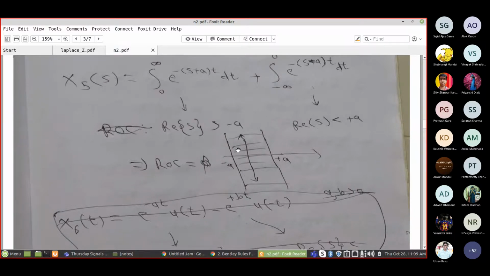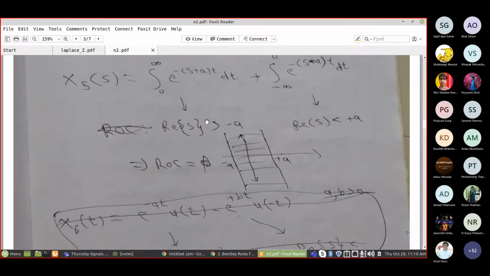So that region is given by this shaded area. Everything between minus a to plus a, these two vertical lines, is where this entire integral will converge. In this part to the right of plus a, this integral will converge, but this will not, and similarly in this half, this integral will converge, but this will not.